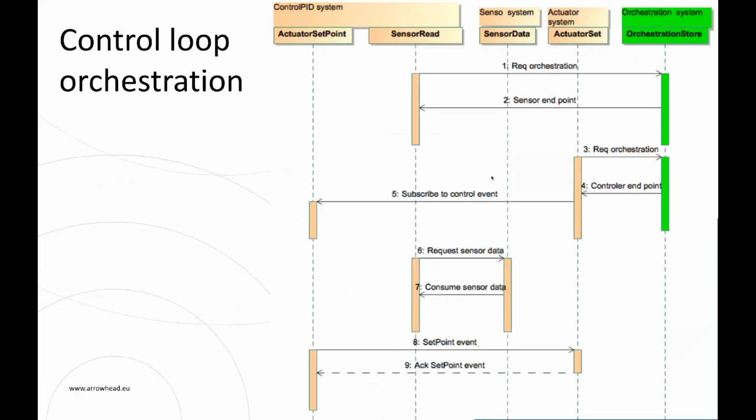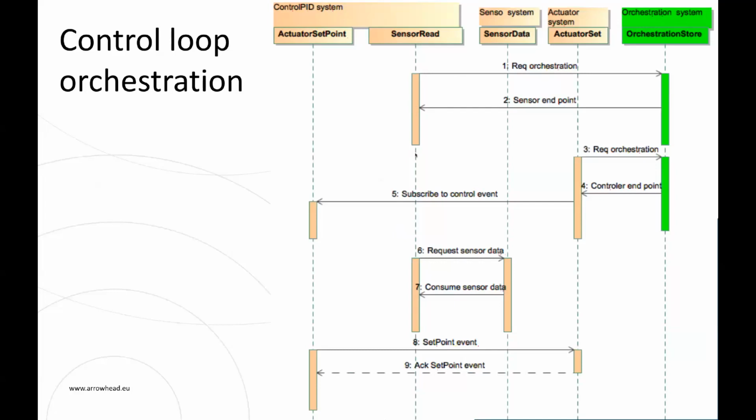And we can build up then control loop orchestration, where the control system is requesting an orchestration. Where can I find the sensor that I want to consume the data from? And the orchestration system will actually then provide the endpoint of that one.